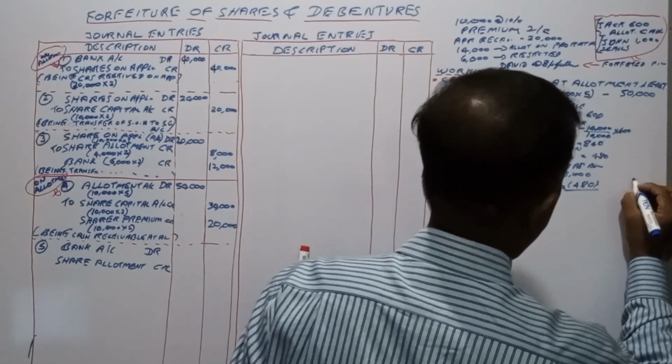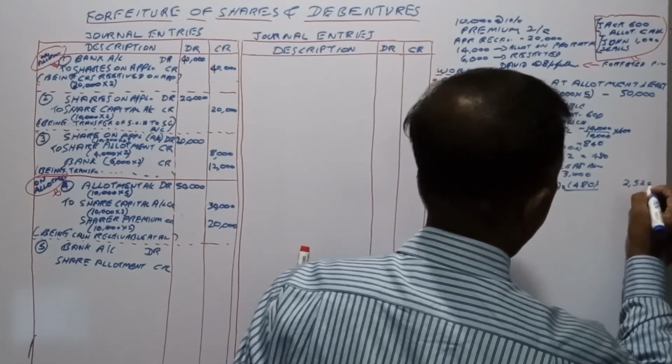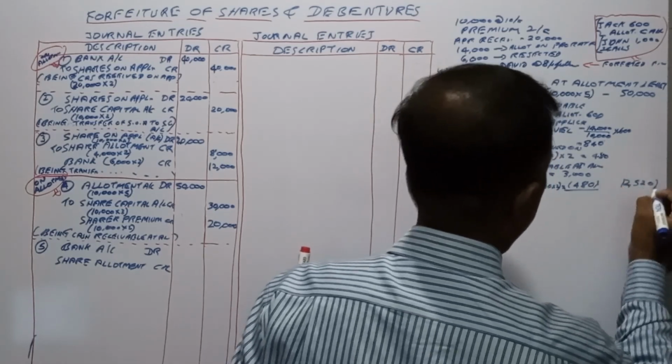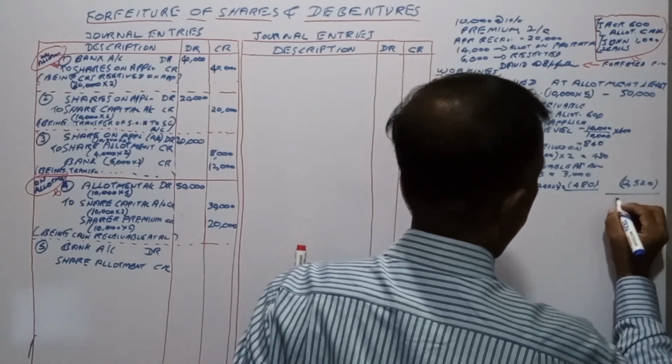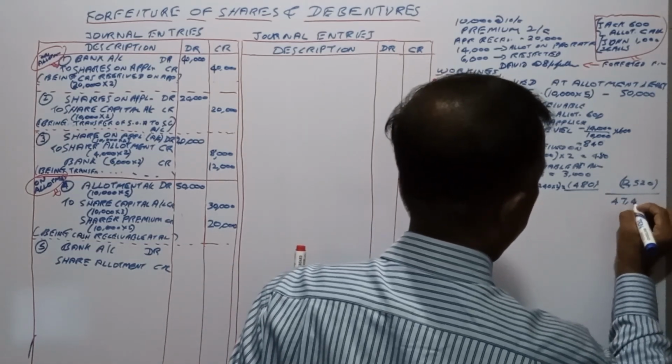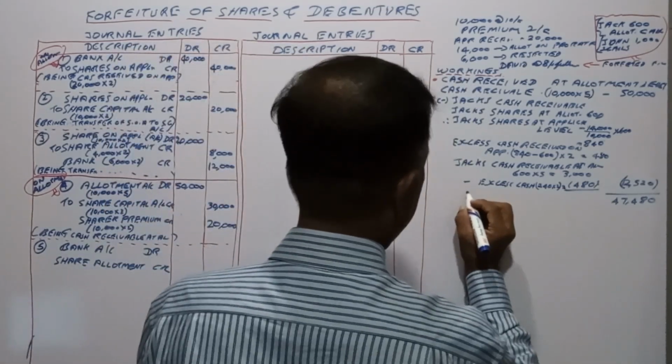Then cash receivable is 2520, we have not yet received, so 47,480 is the cash received at allotment.